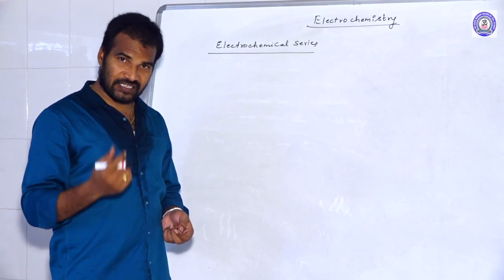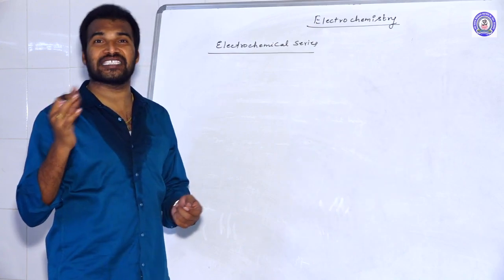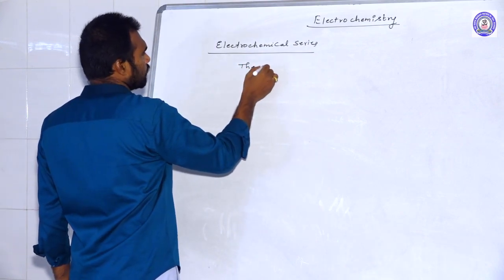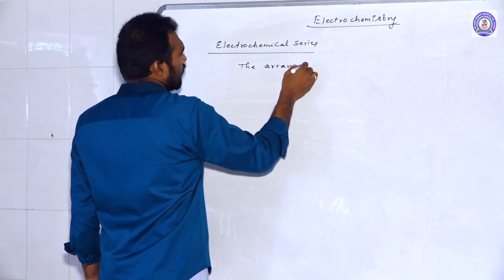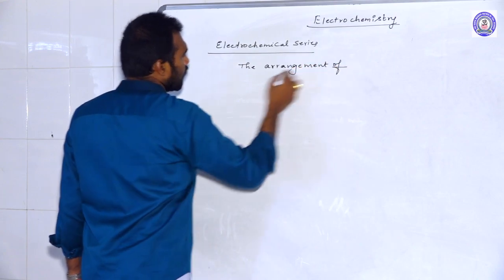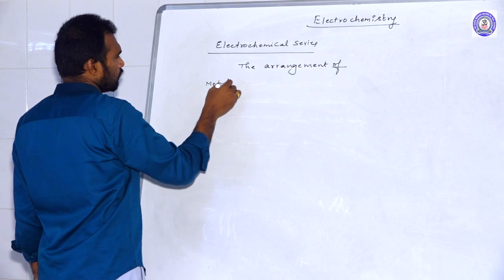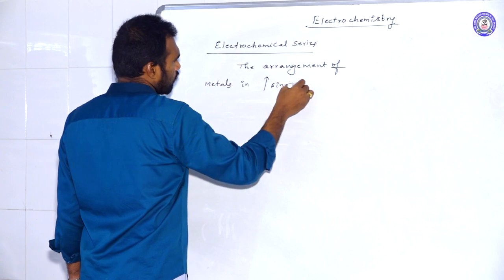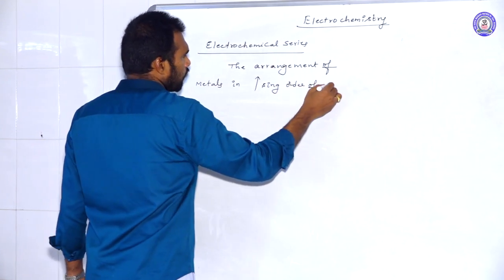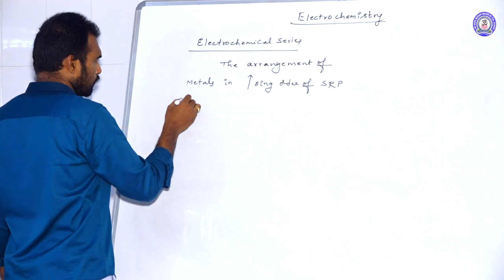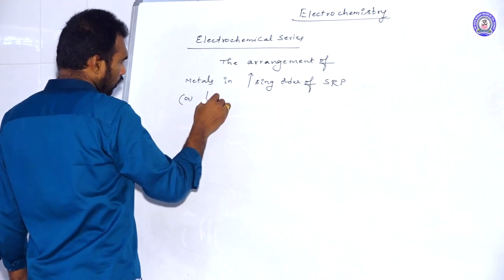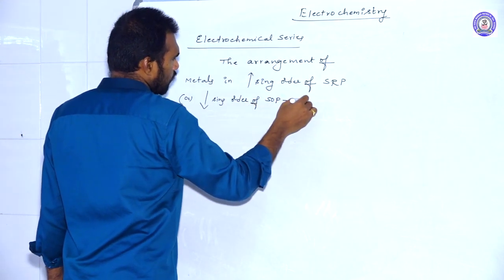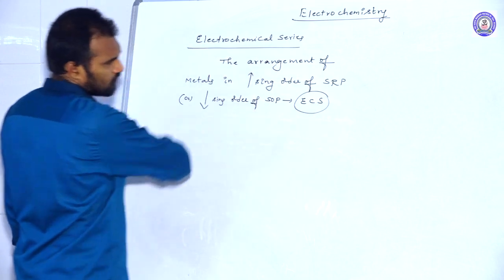The arrangement of metals in increasing order of SRP or decreasing order of SOP is called electrochemical series.